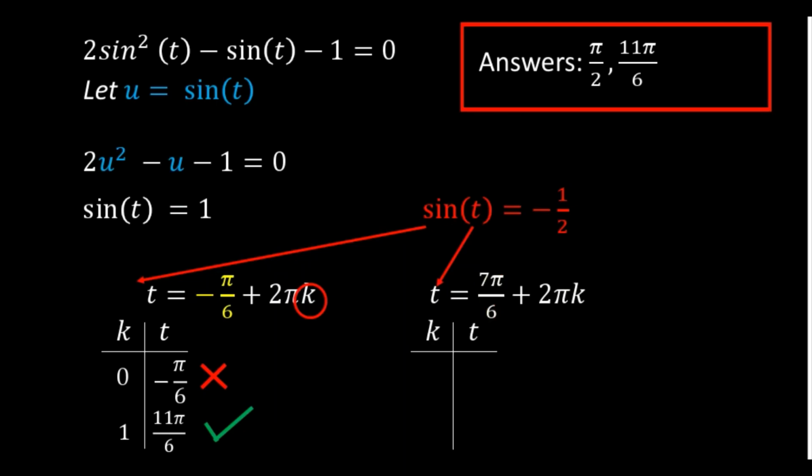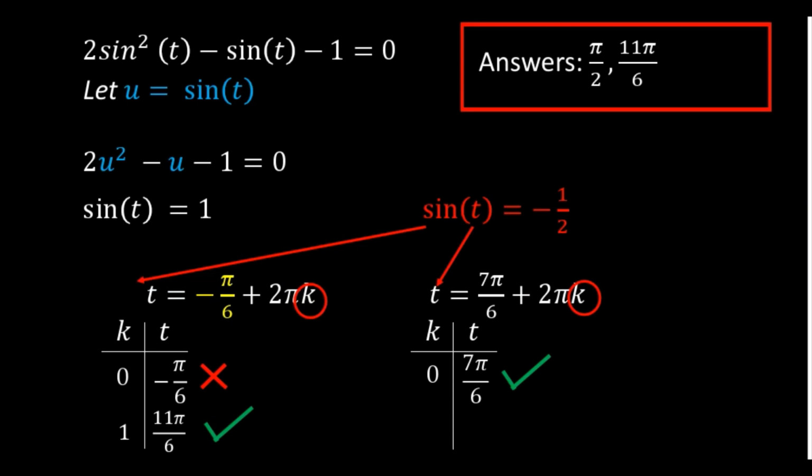So we'll create a table, k and t, and instead of k, I'll plug integers. I will not be plugging negative integers because that will give me a negative angle, which is not going to be within the interval. So I will start with k equals 0, and that will give me 7 pi over 6 plus 2 pi times 0, which is simply 7 pi over 6.